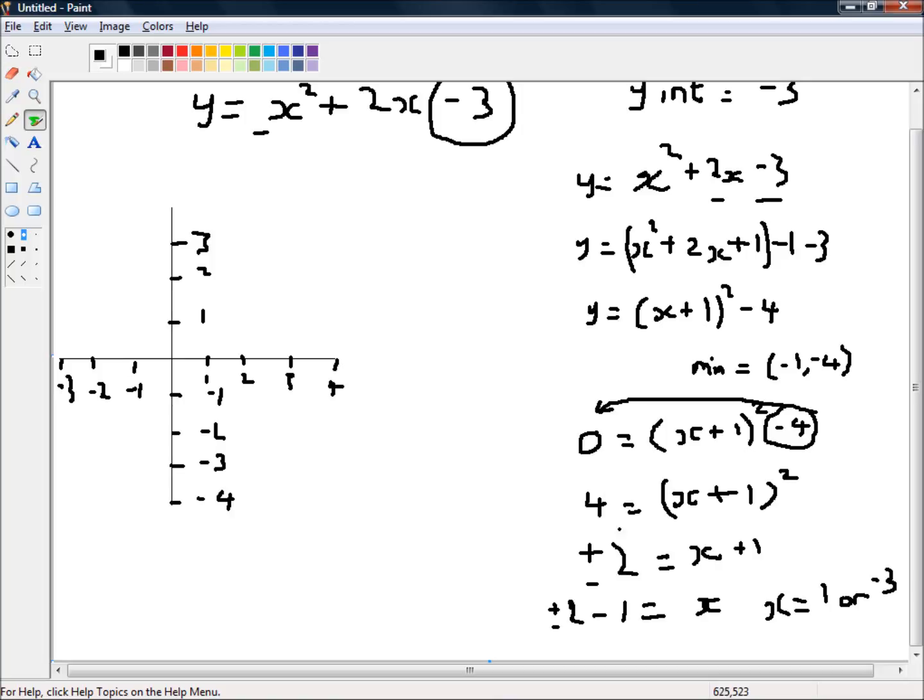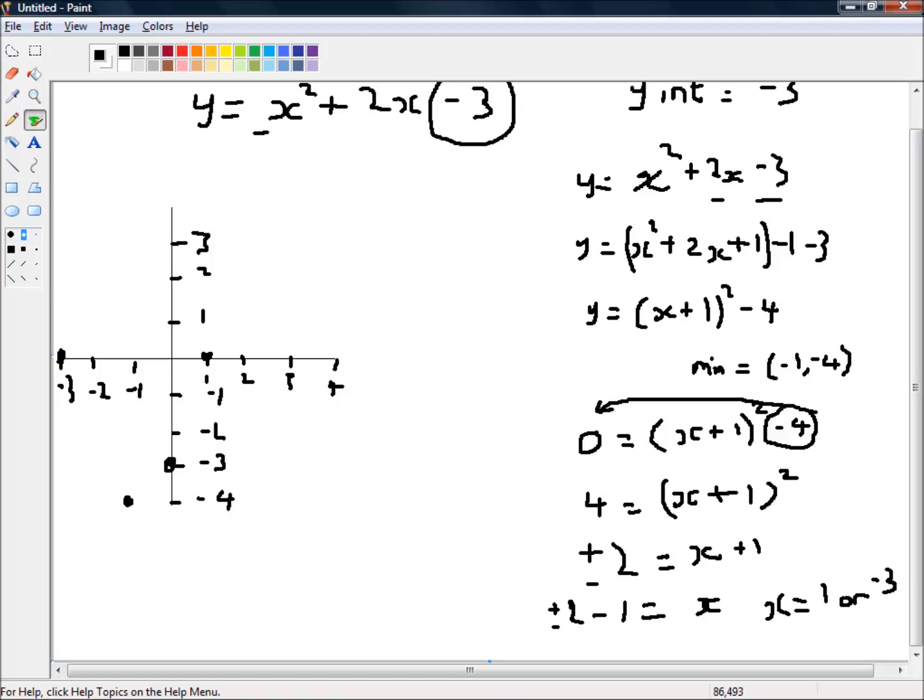Okay, so our interesting points are our x-intercepts at x equals 1, so that's here, and x equals -3, so that's here. We know our minimum point is at x equals -1 and y equals -4, so that's here. And we know our y-intercept is at y equals -3.